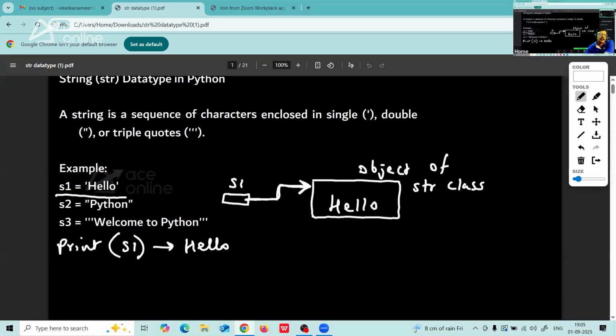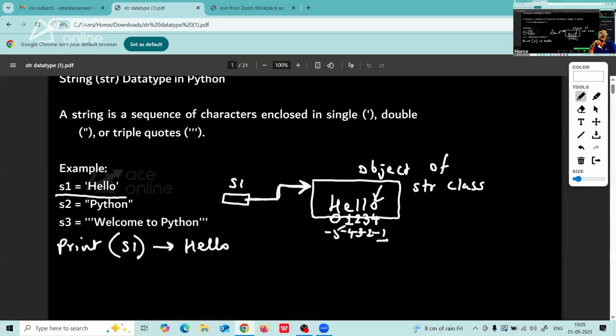We also saw that there are indexes, locations. H is at 0 index, E is at first index, L is at second index, L again is at third index, and O is at fourth index, 0 to 4, positive index. We also saw that strings have negative indexes. And last character of the string always has negative 1 index.